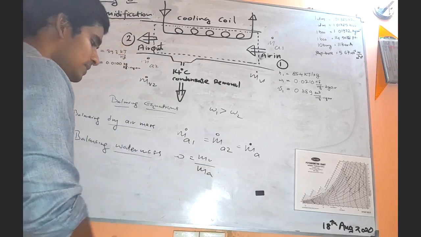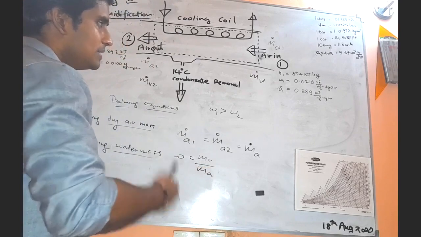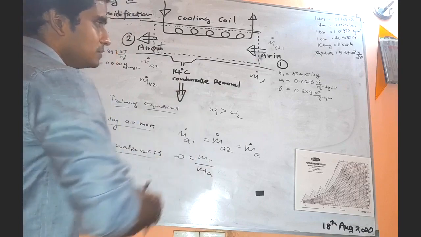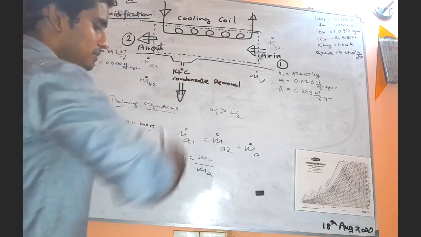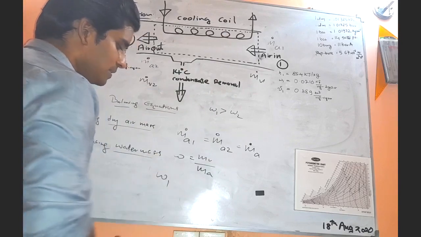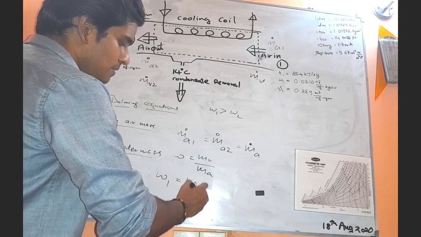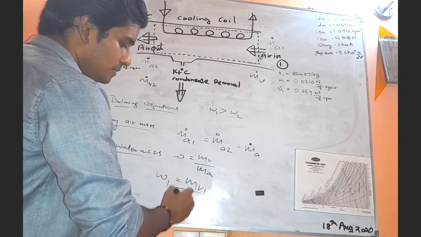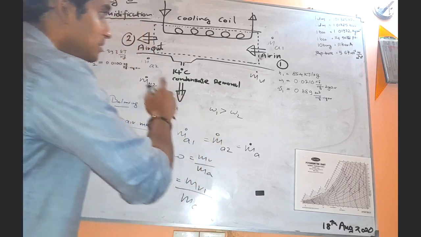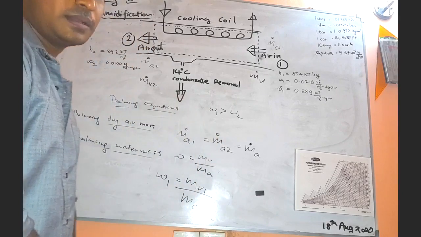Then, when considering the entrance scenario, at the entrance the humidity ratio is omega 1. So omega 1 equals mv1 divided by ma1. But be very careful here, we are going to consider the flow rate, because it is given in the question.